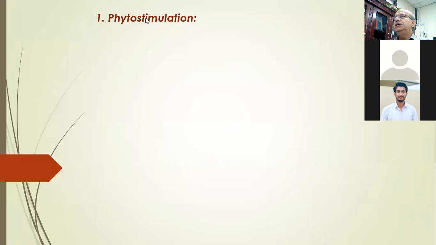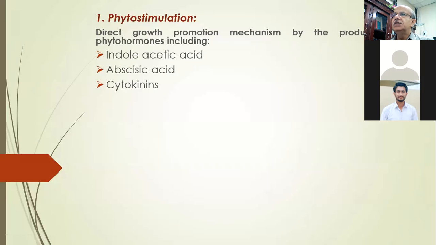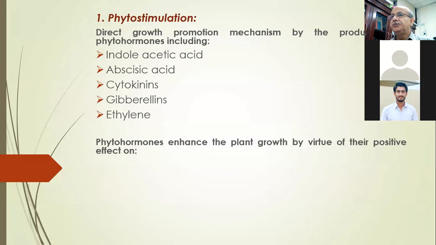First of all, it is the phytostimulation. It is clear from the name even, phytostimulation means they stimulate the plant growth. So they have a direct growth promotion mechanism by the production of phytohormones, and those phytohormones include indoleacetic acid, abscisic acid, cytokinins, gibberellins, and ethylene.